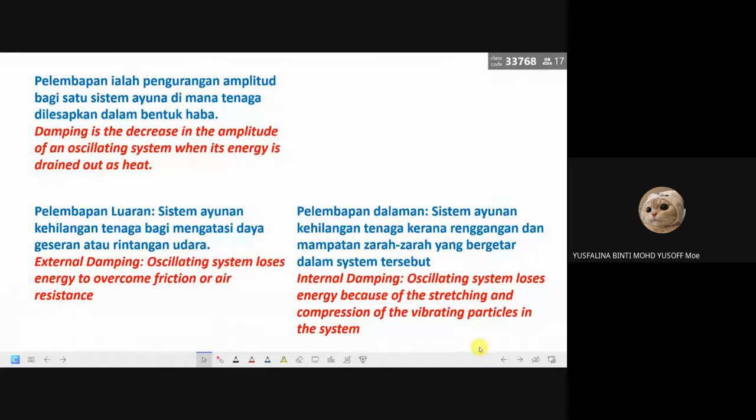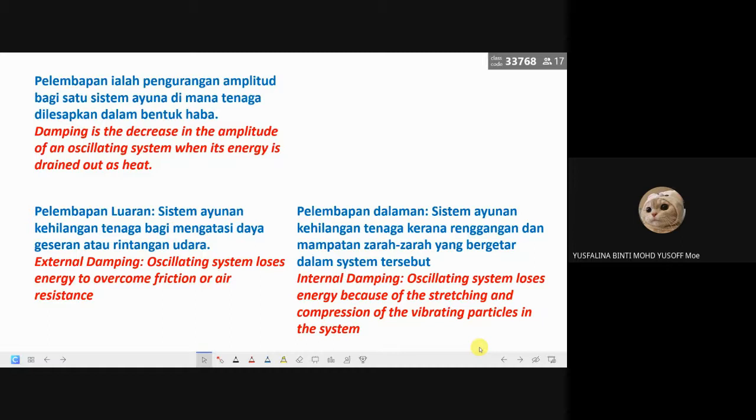So there are two types of damping: external damping and internal damping. We already learned why the amplitude decreases. The amplitude decreases, caused by the loss of energy to the surrounding to overcome the air friction.